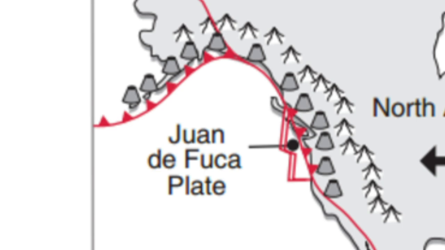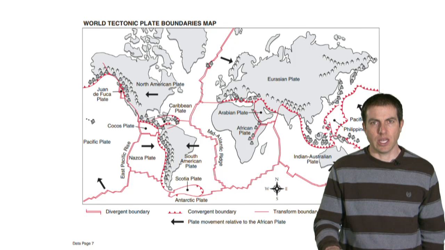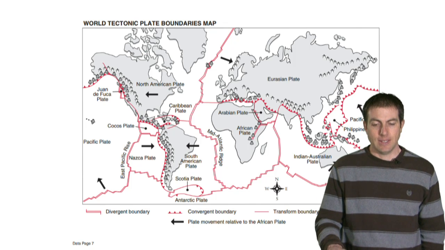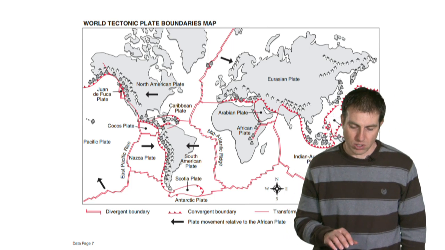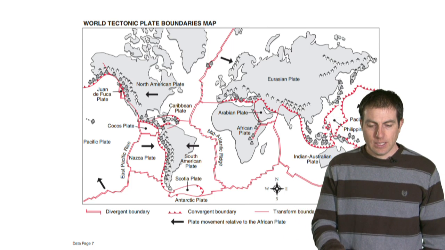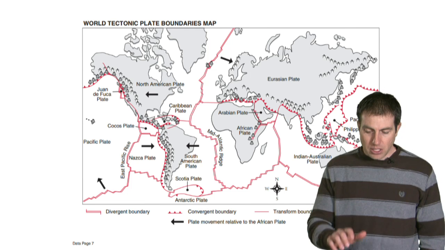Volcanoes are indicated here even though they may be dormant. So believe it or not, British Columbia is pretty volcanically active, but most of the volcanoes are taking a bit of a nap for now. We'll look at volcanoes later today. So that's the page right out of your data book.